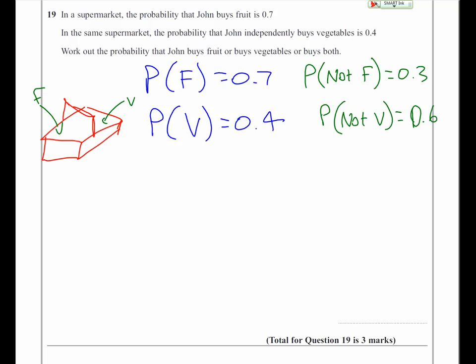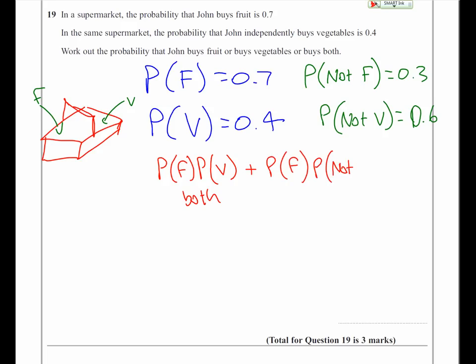Okay, so we've got all the probabilities we need. Now you could think, well, we want the probability of fruit times the probability of veg from getting both, plus the probability of fruit times the probability of not veg from getting just fruit, plus the probability of him getting veg times the probability of him getting not fruit for just veg.